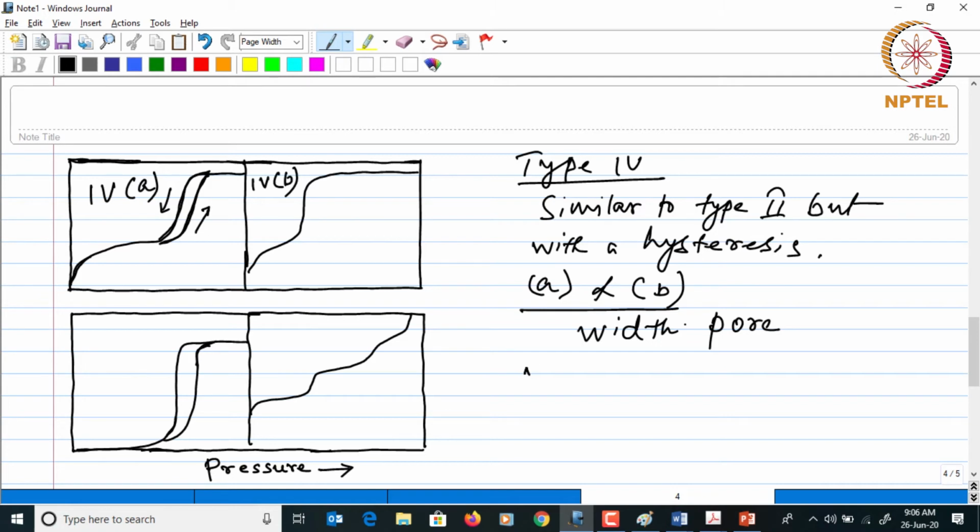If the width is higher than a critical width, which is related to the material's adsorption characteristics and temperature, then type 4A is obtained.